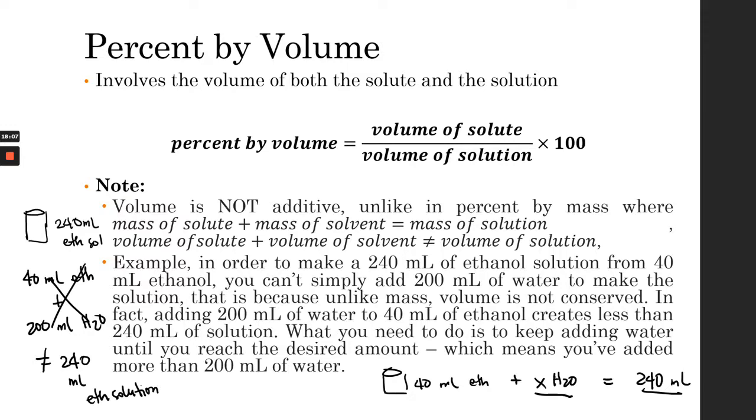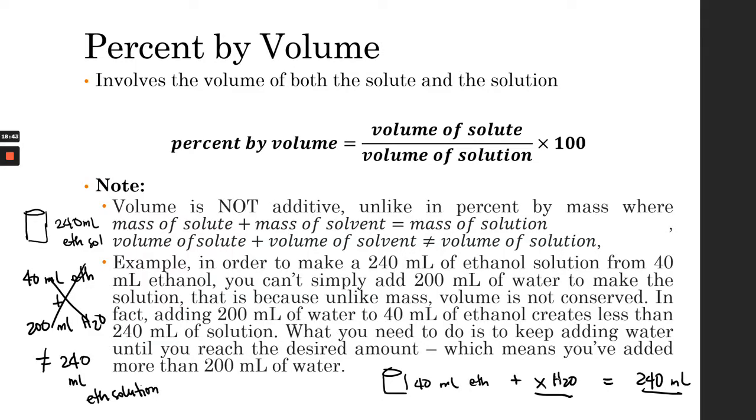So in this scenario, you actually add more than 200 ml of water, because again, volume is not additive, it is not conserved. If you add just 40 ml of ethanol and 200 ml of H2O, you will not get 240 ml of ethanol and water solution, because they have different densities. When you add them together, it will not equal 240 ml.